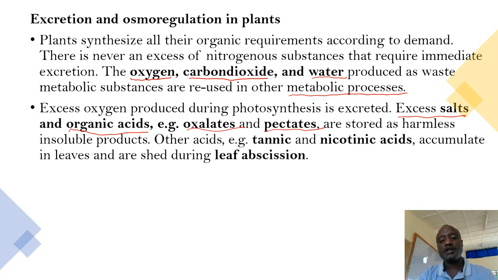Once all these are stored as harmless, as time progresses they accumulate in the leaves, and when the leaves start shedding during leaf abscission, they go with all these waste products. But oxygen, carbon dioxide, and water have to be reused in other metabolic processes.